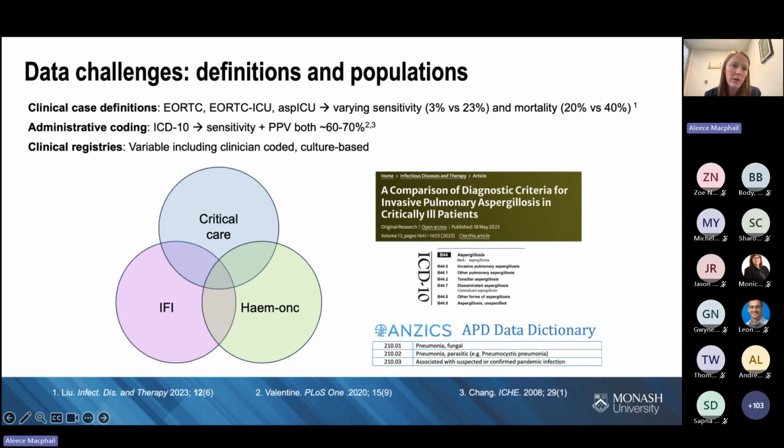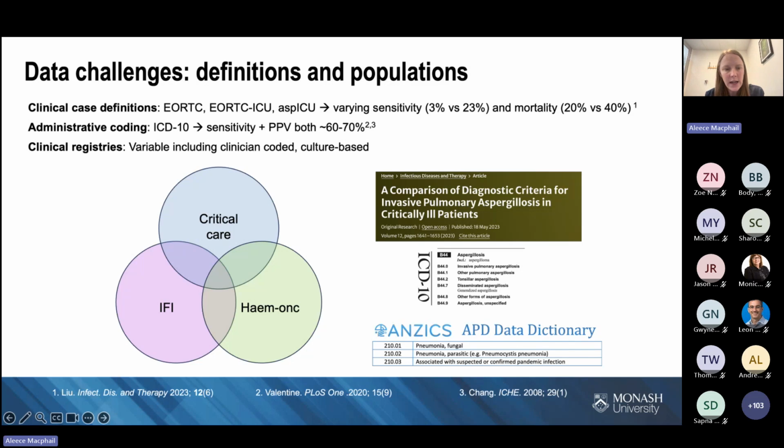The available data often looks at some overlapping subset of that. Maybe we're looking at a critical care cohort of hem-onc patients and pulling out the subset of invasive fungal infections, or maybe we have some IFI data and we pull out the subset admitted to ICU.